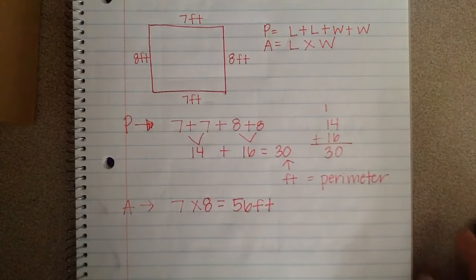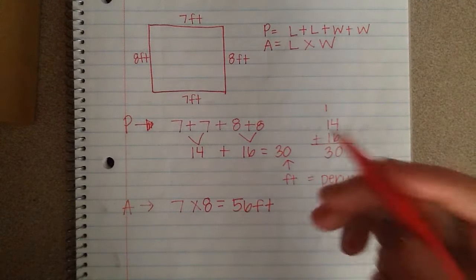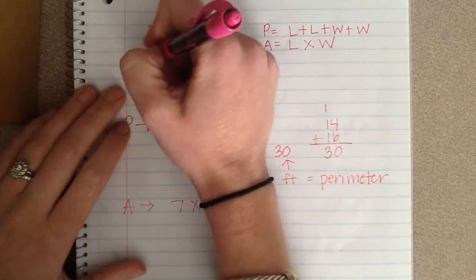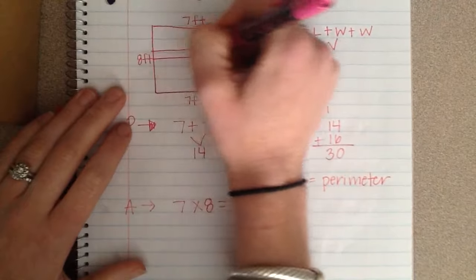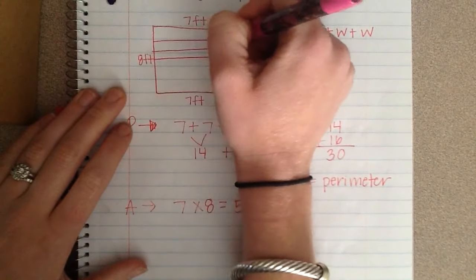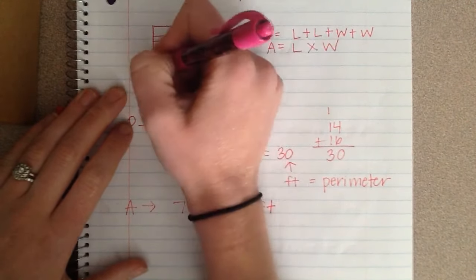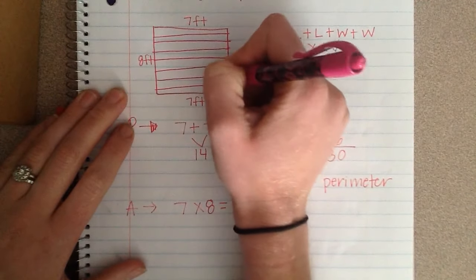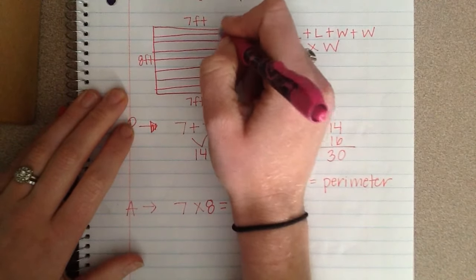Now say, for example, in my garden, for every foot, it was going to cost me $3 for soil. So, let me try to break this up real quickly. One, 2, 3, 4, 5, 6, 7, 8.